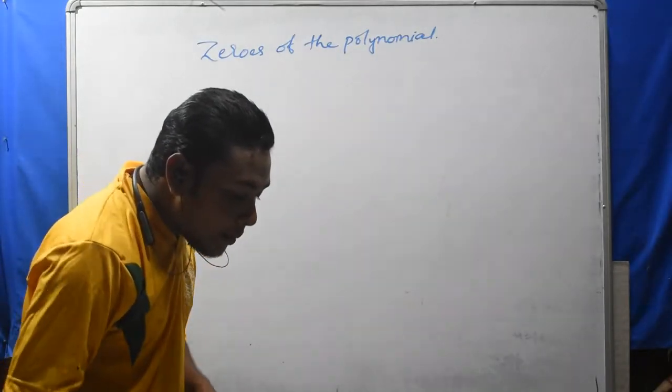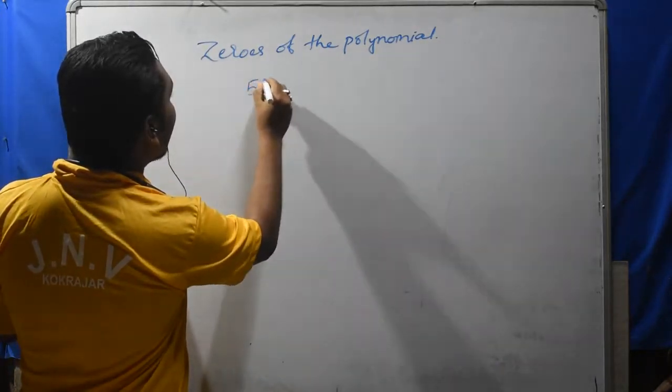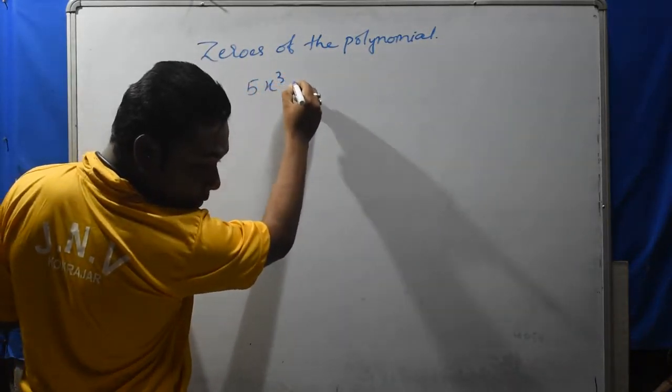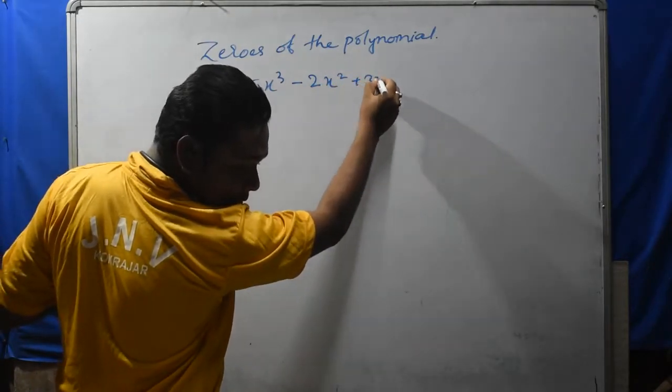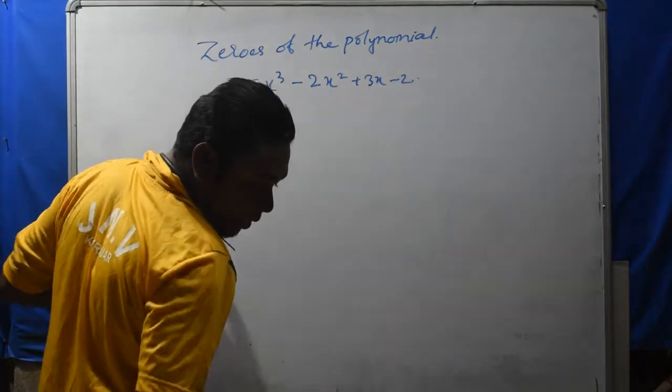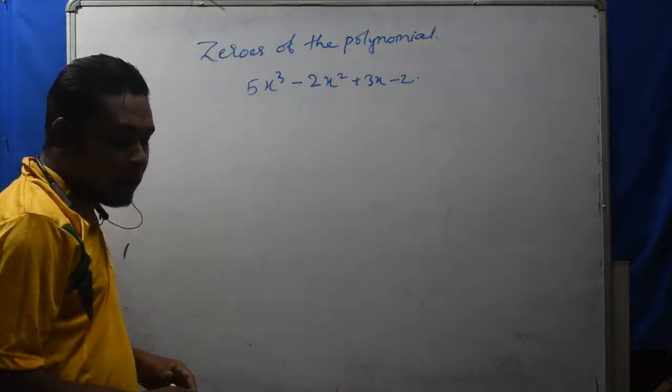So suppose you are given a polynomial 5x cube minus 2x square plus 3x minus 2. How to find the zero?